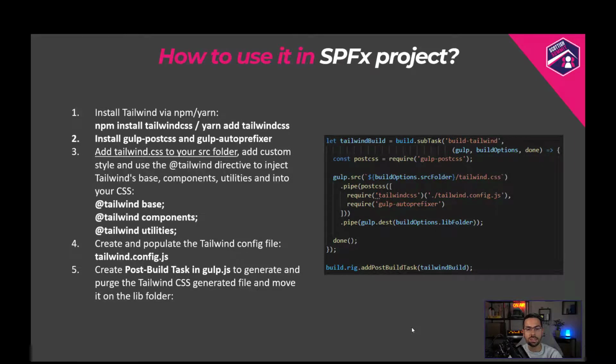The last thing is to create a post-build task inside Gulp.js to generate and purge, it's very important, the generated Tailwind CSS file and move it into the lib folder. Because of course we need a small file, and the file that contains our customization of Tailwind.